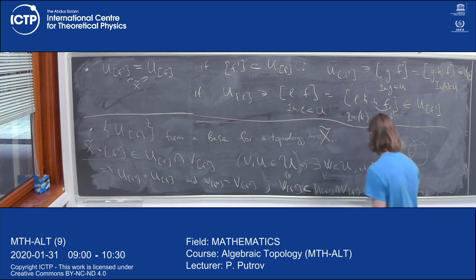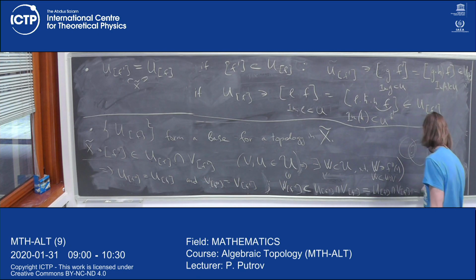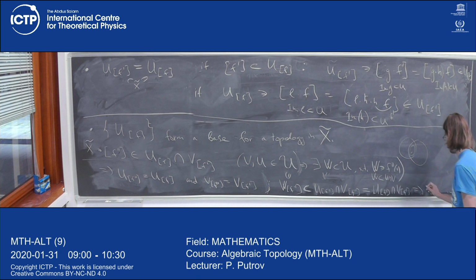So this intersection is the same as the intersection of U, F and V, F prime. It follows that this collection is indeed a base.